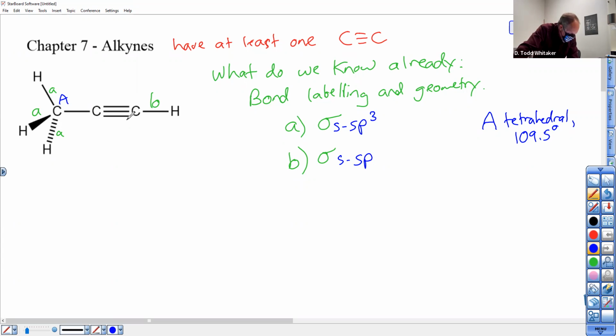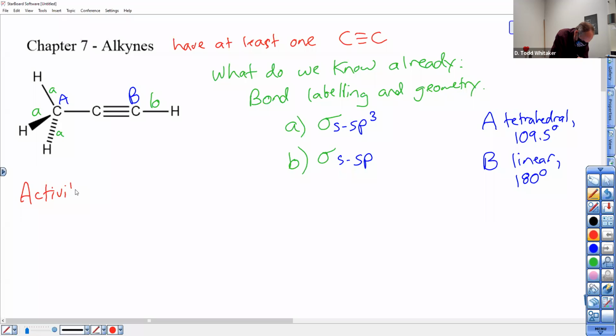Sigmas are used to make hybrids, which are then used to make the sigma bond. So atom B is the one that was sp. sp is what name of the geometry? Linear. And what is the angle of said geometry? 180.